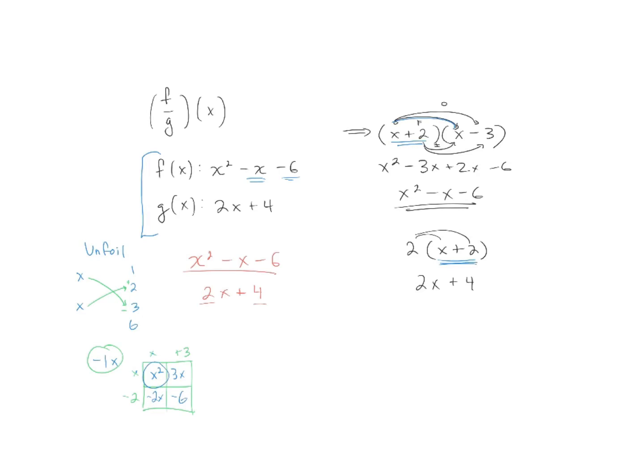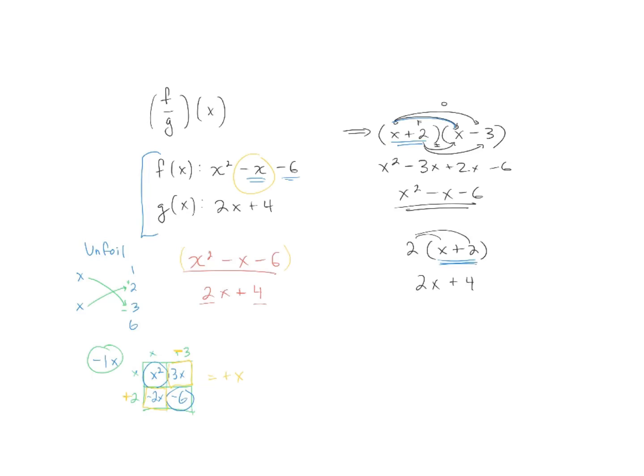Now, our x squared and negative 6 are good, but when we look at our negative 2x and 3x, notice that combines to give us a positive x, and that's not what we have here. So you would make an adjustment, probably make this a negative and make this a positive, and you would see how you could come up with your factors. So this is a good way to understand how to unfoil this trinomial.